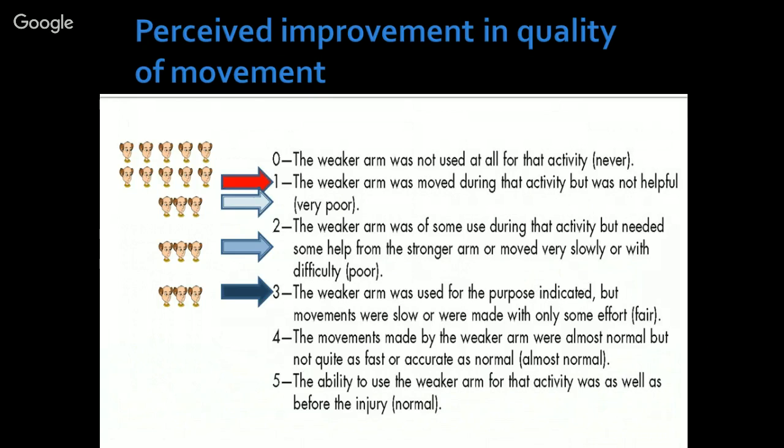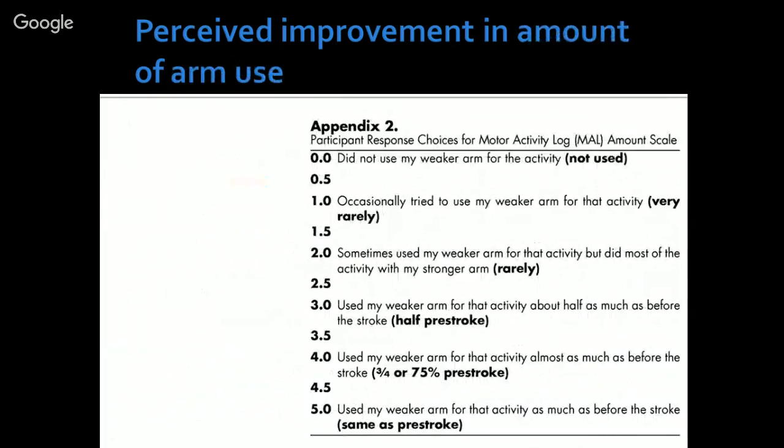The next issue is about whether they are using the affected arm more and more. And it is scored again on a scale of 5, where 0 is not used at all, and it goes to very rarely, half of pre-stroke, to same as that of pre-stroke.